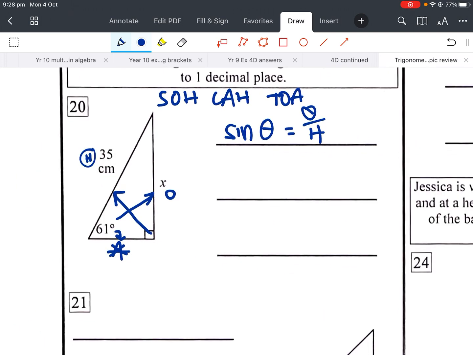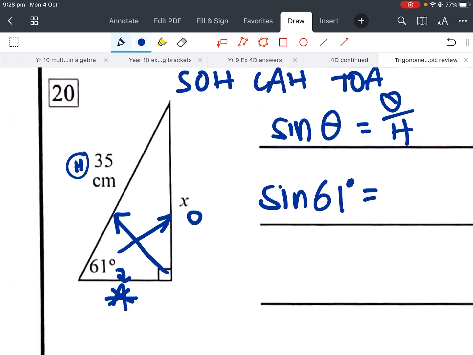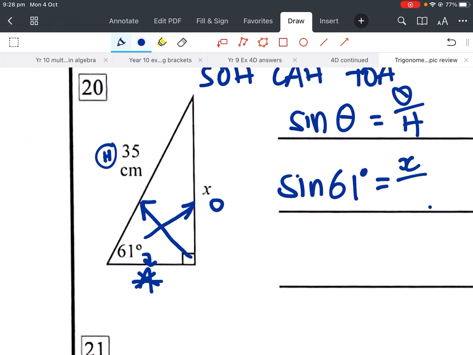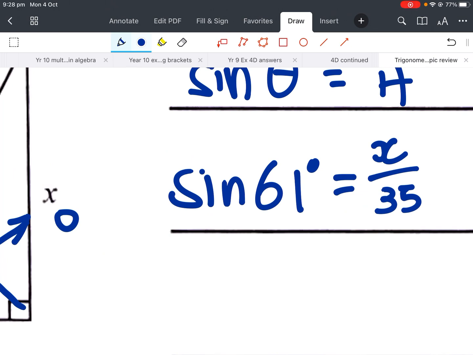Okay, let's fill in our equation. So my angle is 61. So I write down, make that a bit bigger, sine 61 equals, my O is X, my H is 35. All right, so I end up with this. Remember, I've got an equation. In an equation, I've got to work out what the X value is.